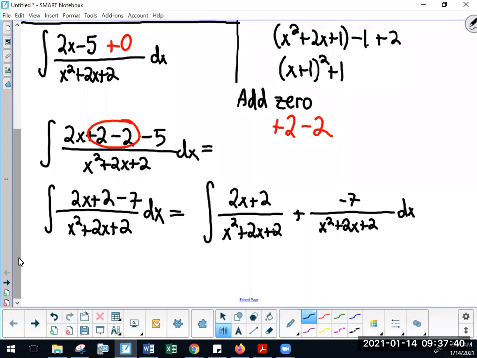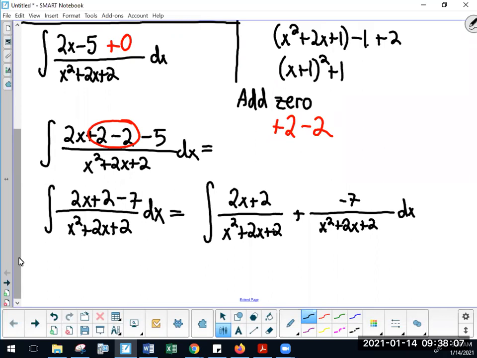So I'm taking a fraction that is full and composed, 2x plus 2 minus 7 is the numerator, x squared plus 2x plus 2, and I'm decomposing it into fractions of the same denominator. You hardly ever do this in math, right? What you normally do is you get a common denominator and then you combine, you compose. We're doing decomposition, the reverse of that.